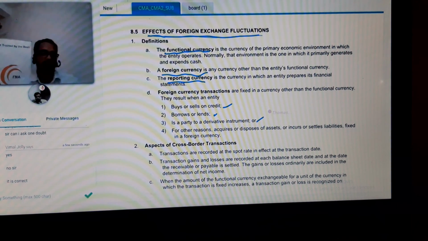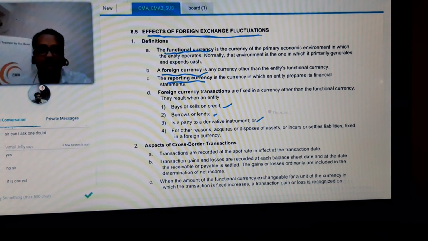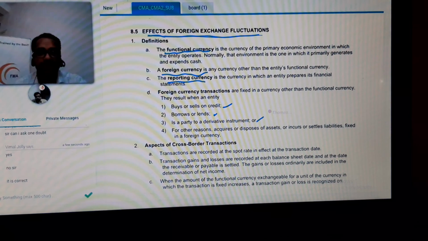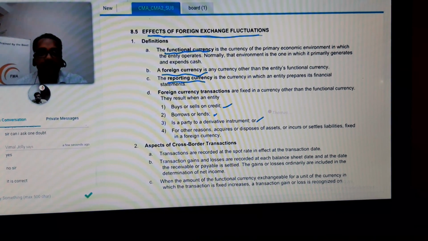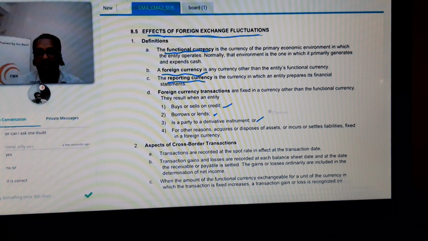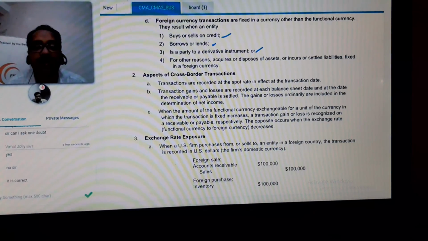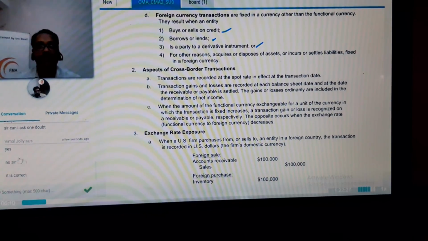You sell something, let's say a division of your company to a foreign company. Now, aspects of cross-border transactions. We are going to see how we account for them.